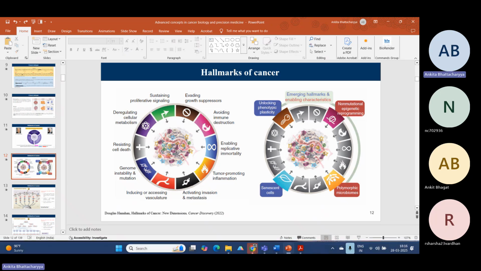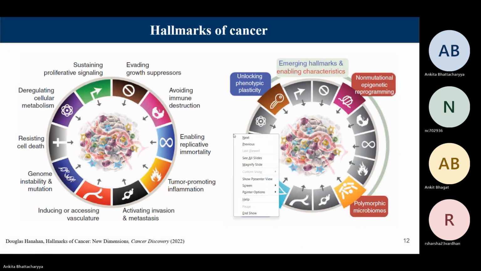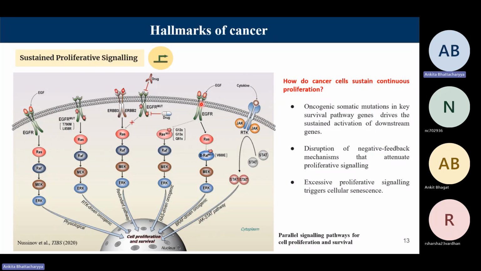Yeah, so after this, let me just share it again. After this, we understood the first hallmark, which is sustained proliferative signaling. Under that, we looked at the ability of cancer cells to sustain continuous proliferation. We took the example of EGFR and its mediated signaling and other proliferative signaling and their role in cancer.